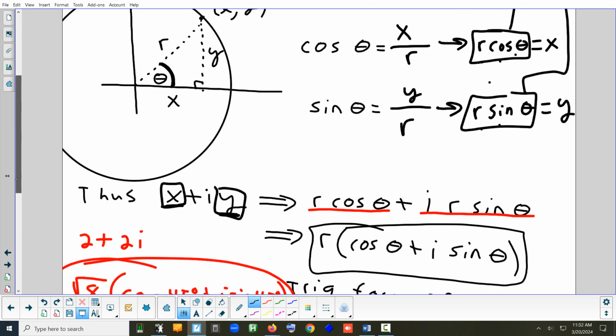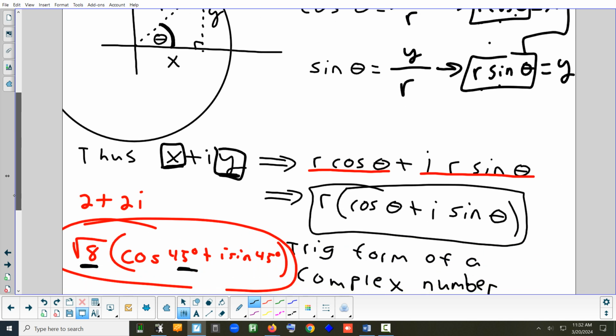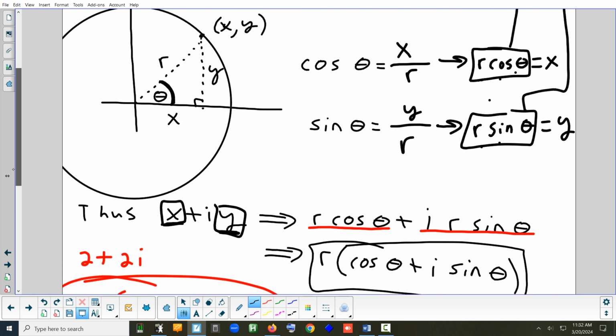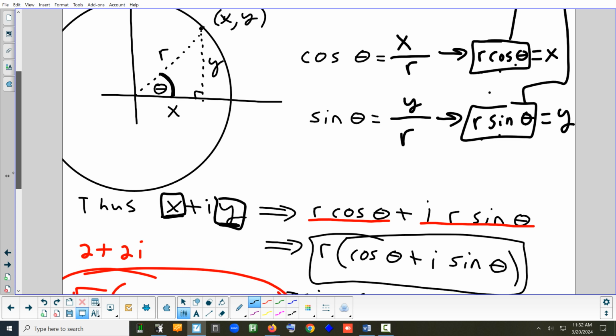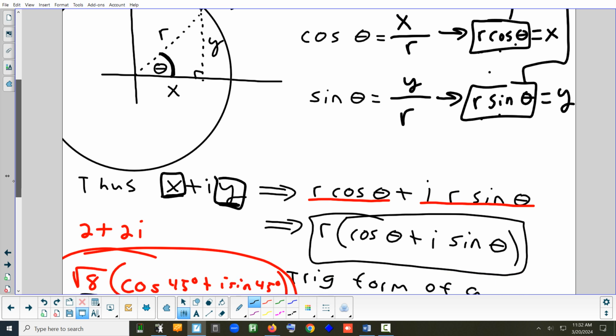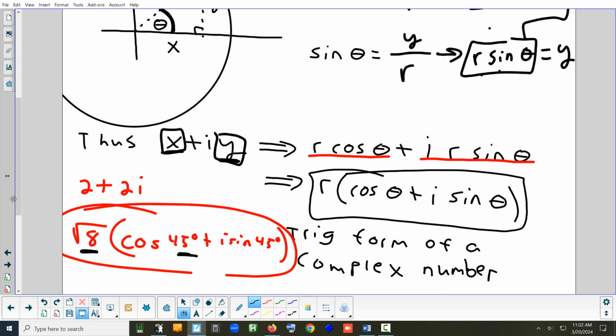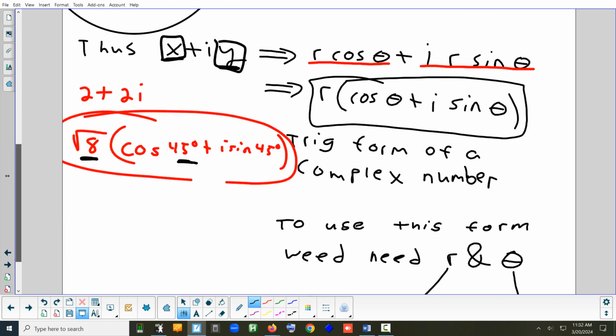The side angle side formula would work for that, right? No. We're going to always use the r cosine theta plus i sine theta.